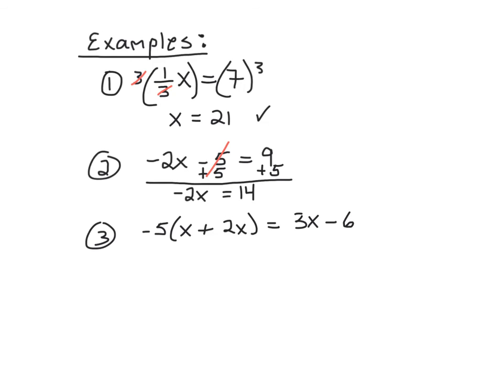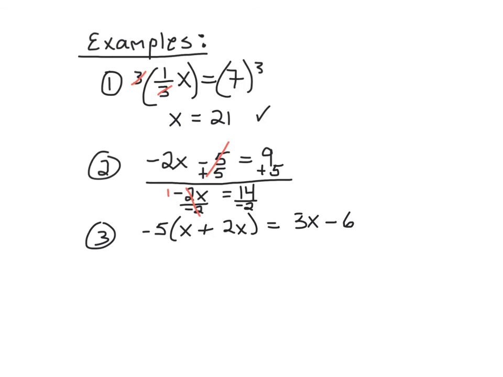And then the last thing I need to do is isolate my variable, x. I've got a negative 2 in front of it, multiplying. So to get rid of it, I'm going to divide. And so I will divide by negative 2 here. And again, as long as I do it on both sides of the equation, I'm good to go. Negative 2 divided by itself is simply 1, or 1x.